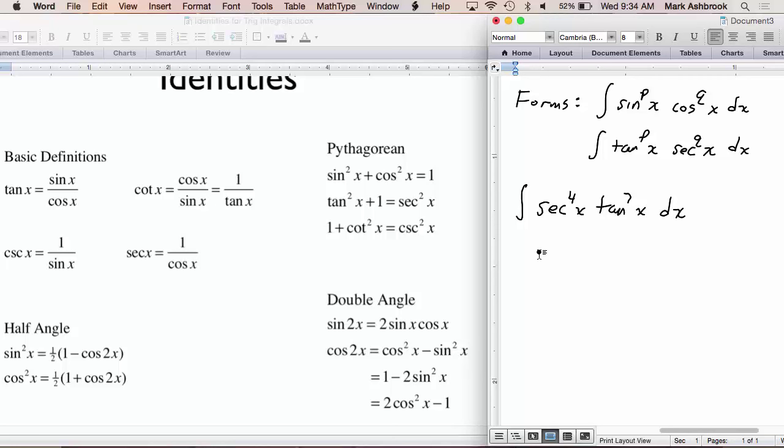Just the derivative of tangent, right? Which is secant squared. What do we have? Secant to the fourth. So I'm going to grab a secant squared, thinking that if I can get everything else to be in terms of tangent, then I can undo the chain rule because my secant squared is the derivative of tangent. So when I pull out that secant squared, I'm left with secant squared x tangent to the 7th x.